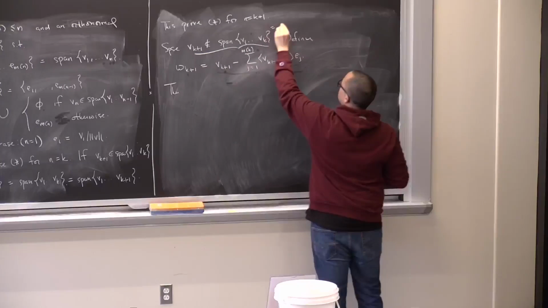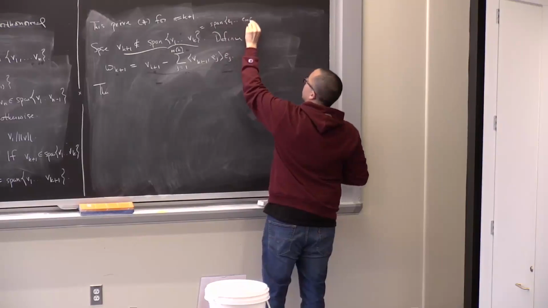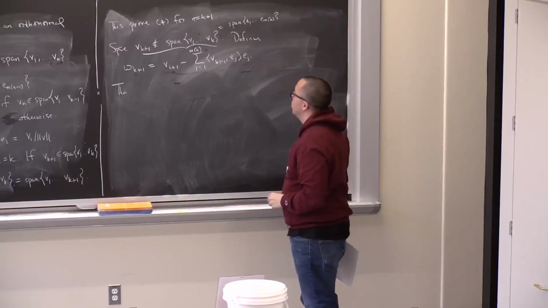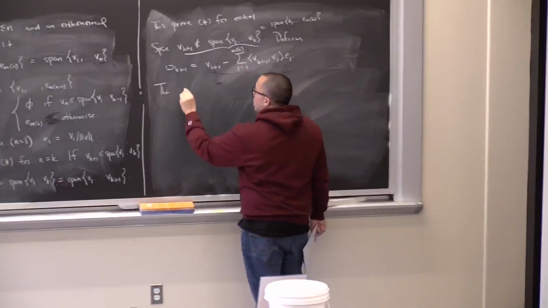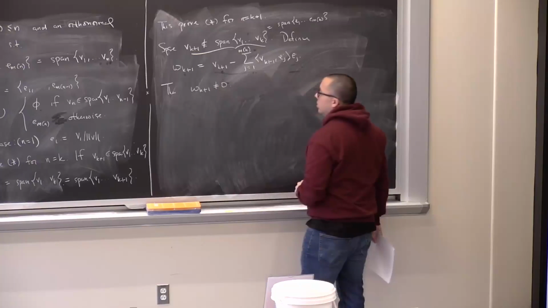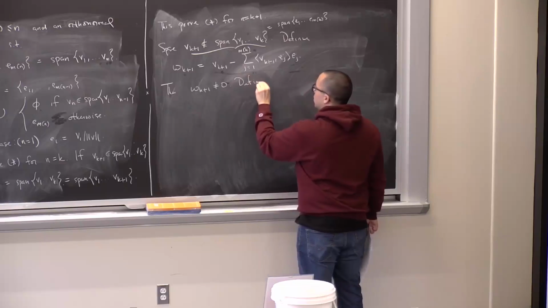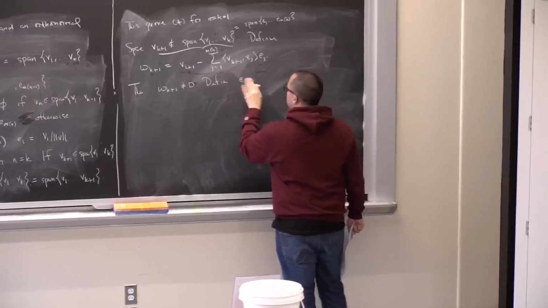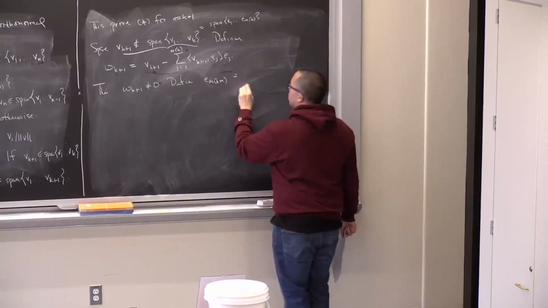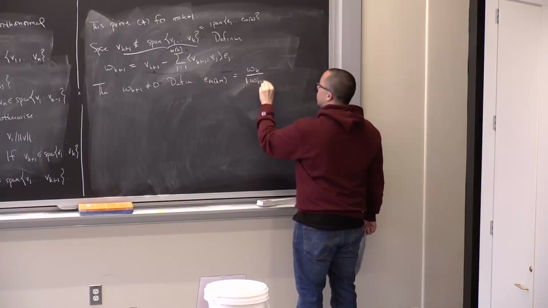That's the inductive hypothesis. But we're assuming V_{k+1} is not in this span, so this vector does not equal 0. And define E_{m(k)+1} to be the vector W_{k+1} over its length.